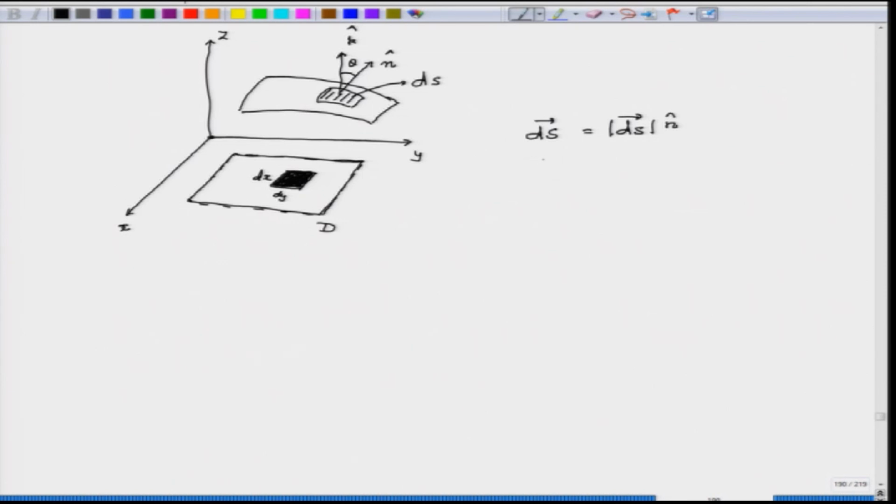And what is the k vector? If I call this small area dA, which is dx dy, then the dA vector is dA into the k vector. But you observe that, what is cos phi?